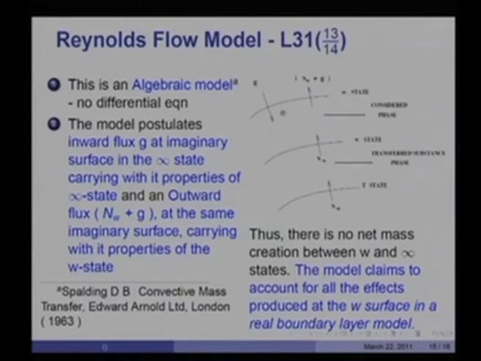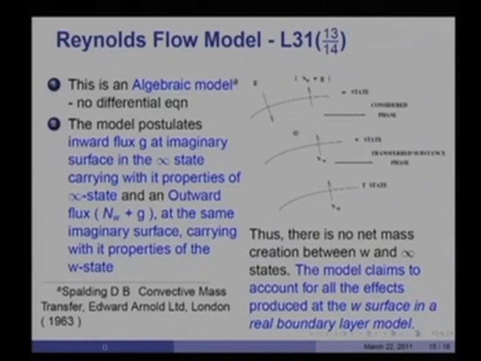On the other hand, in the infinity state, there is an n w plus G flux, which flows away from the w state, but it carries with it the properties of the w state. So, n w plus G flows away from the interface, G flows towards the interface, and therefore, there is no net generation or depletion of mass as a result of postulation of these two fluxes.